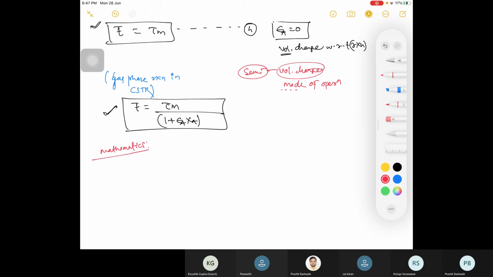Now we'll be having one small mathematical portion I'm writing here. Mathematics. So gamma function will study. This will be useful while solving gamma function.